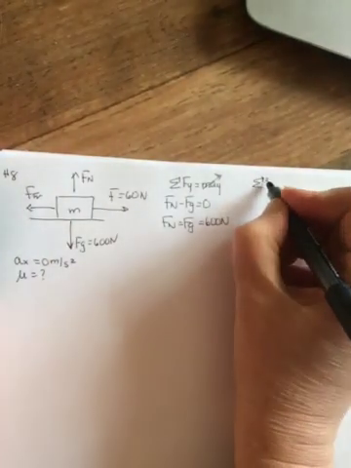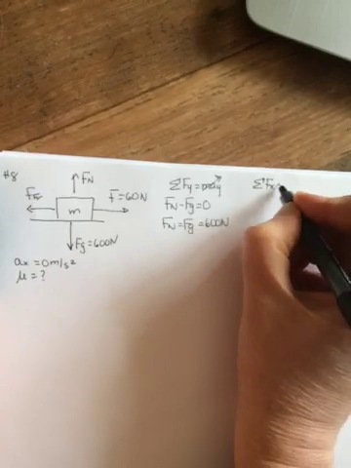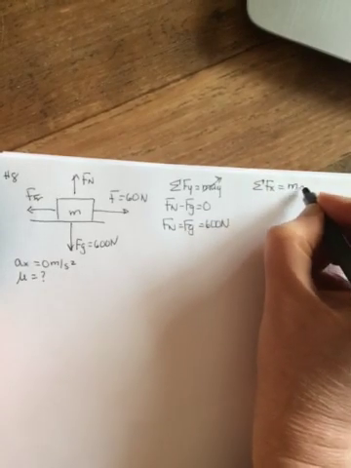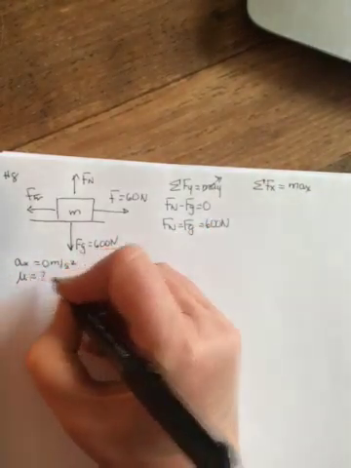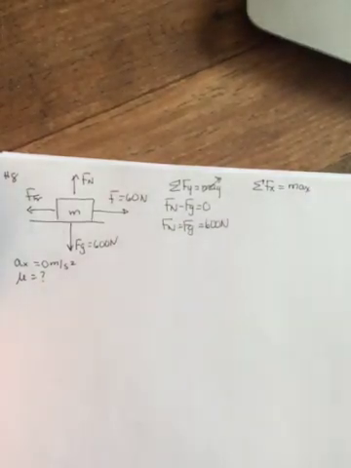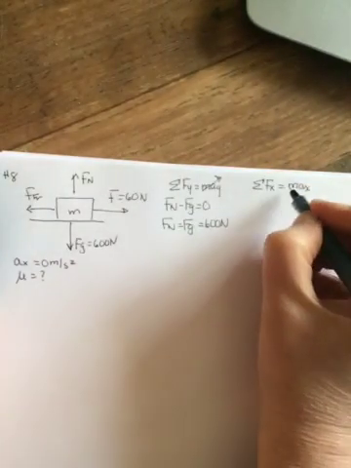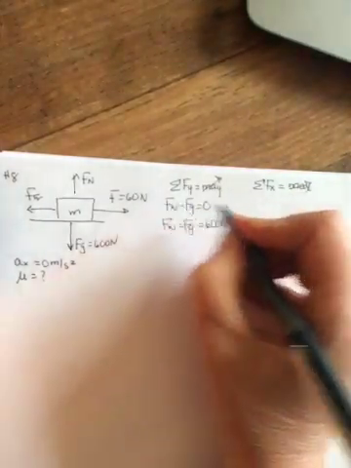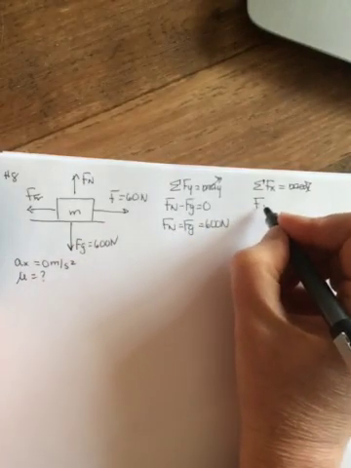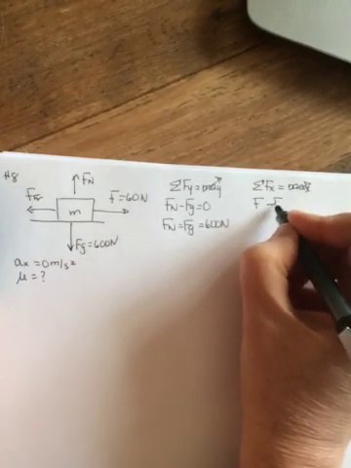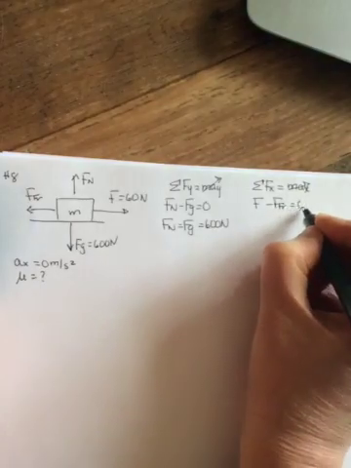So when you're solving for mu, your second step will be sum of the forces in the x is equal to MAX. And it said it was moving at a speed of 5 meters per second, which means it's not accelerating. So this goes to 0, which means the force you're pushing with minus friction must be 0.